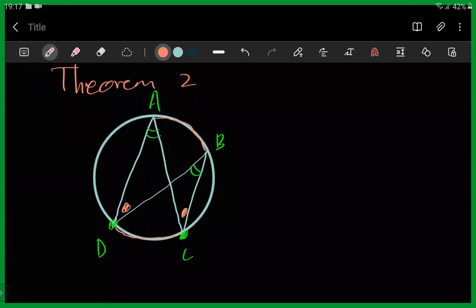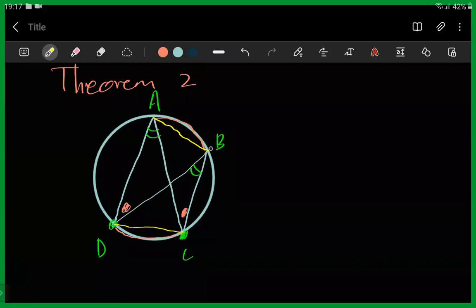So the moment they have a line here and a line there, that adds more angles, and now you can say it's subtended by the chord DC. Angle A is subtended by the chord DC, B is subtended by the chord DC. Here C is subtended by this chord AB, D is subtended by this chord AB.